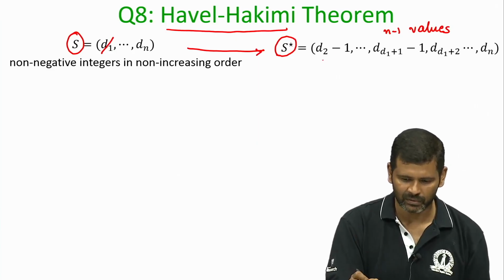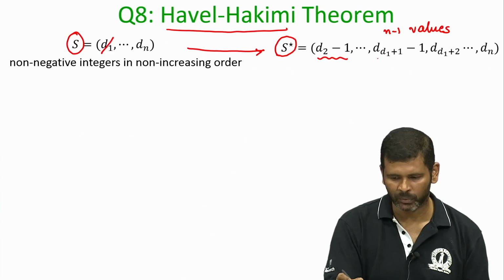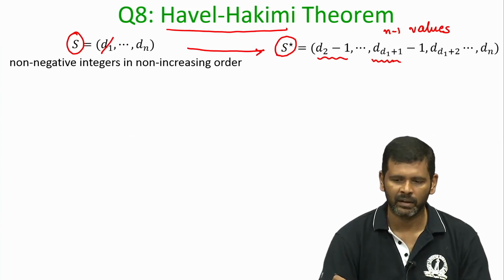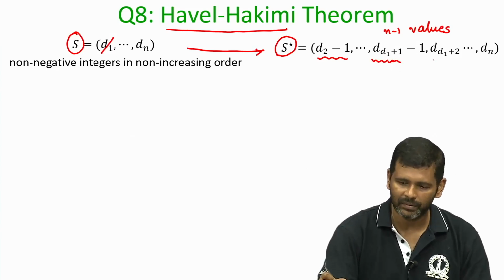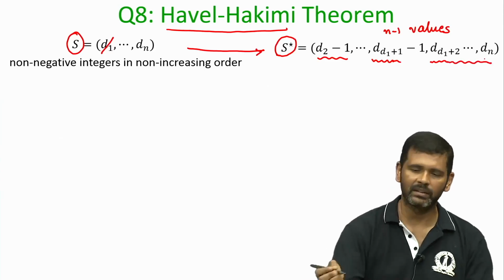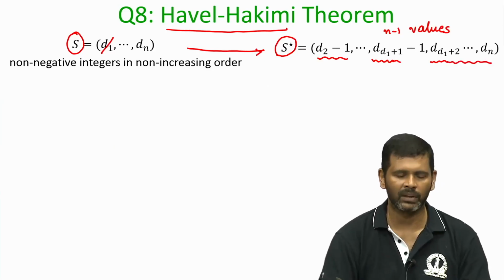So, d2 gets decremented by 1, d3 gets decremented by 1, and the (d1 plus 1)th term gets decremented by 1, whereas from the (d1 plus 2)th term to the dnth term the degrees remain the same as they were in the sequence.